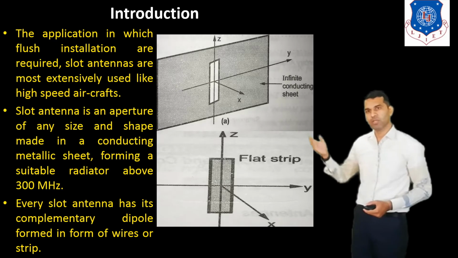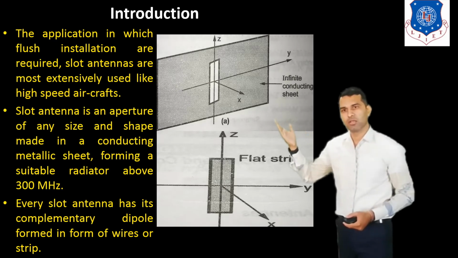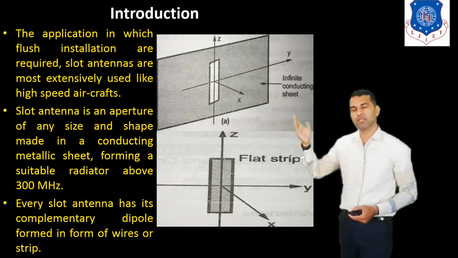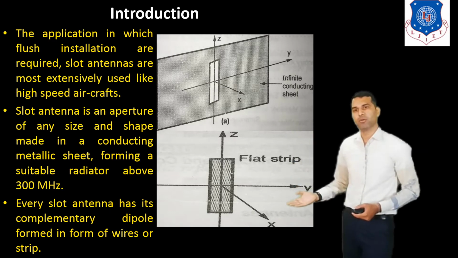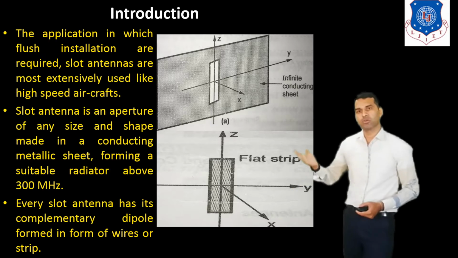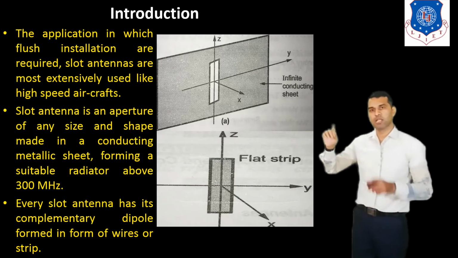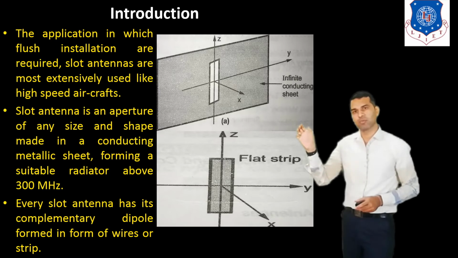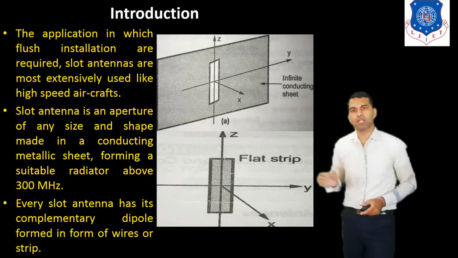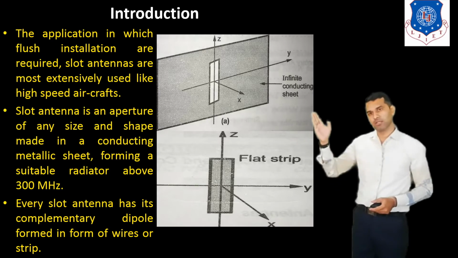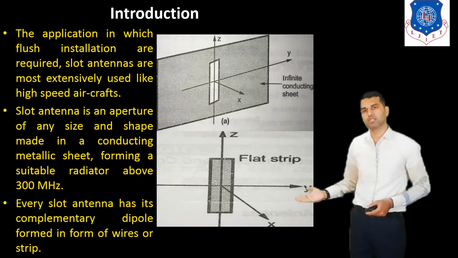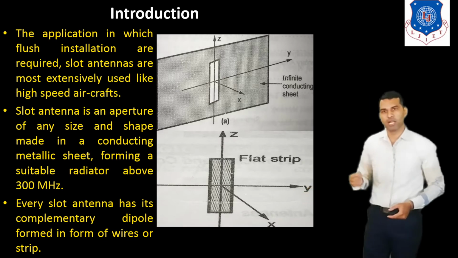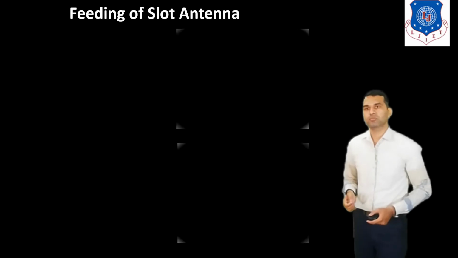Here we can see the slot antenna and the complementary dipole for this antenna. A slot antenna is nothing but a sheet from which we have cut one slot. That's why it is known as a slot antenna. And this slot here is known as the complementary dipole for that antenna.